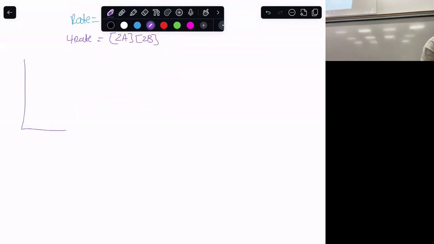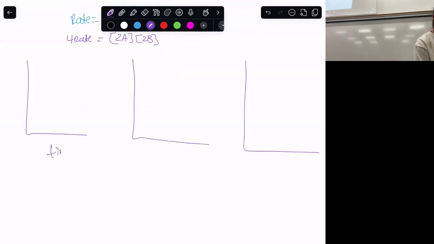Yeah, perfect. So when we look at your graphs, all of these are going to be time on your x-axis. Your y-axis is what is changing.